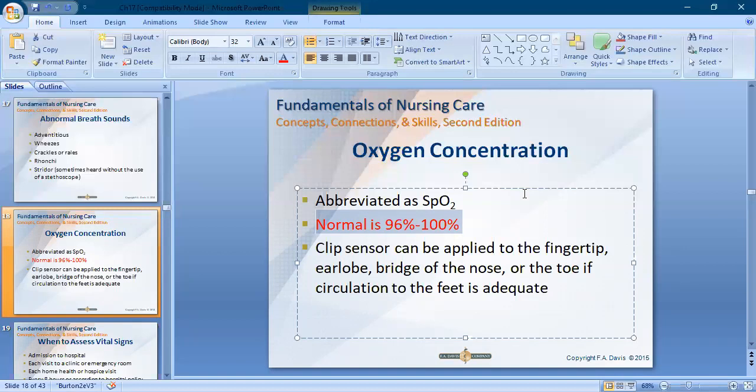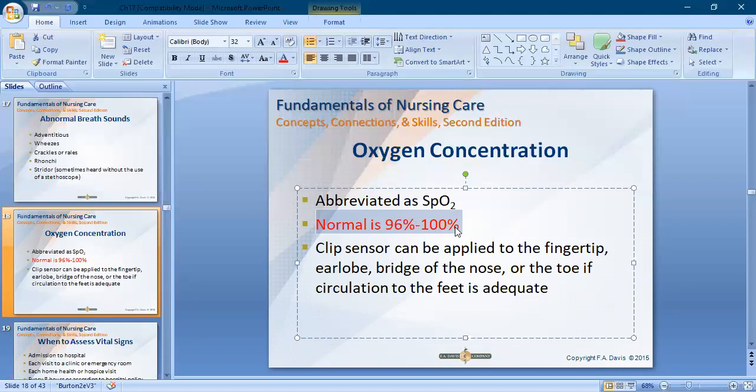This is one category. Another type of question can possibly come. But before going to this question, I want to say something. A normal healthy human being who does not have any lung disease or respiratory disease should have an oxygen concentration of 96 to 100.